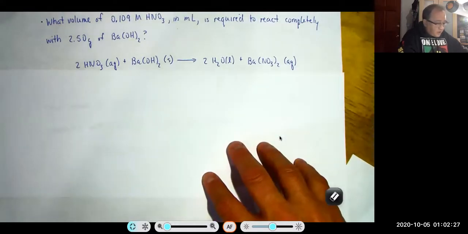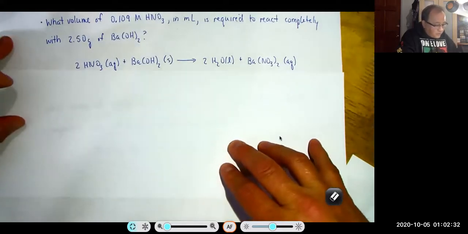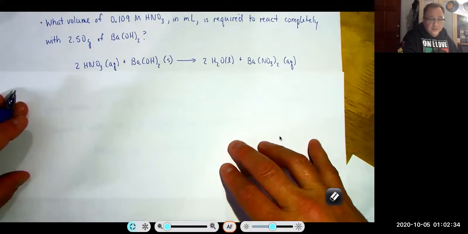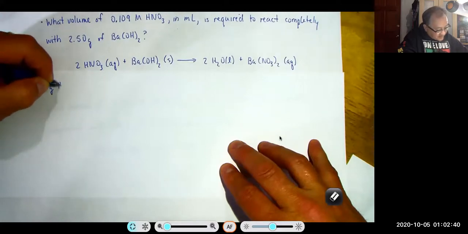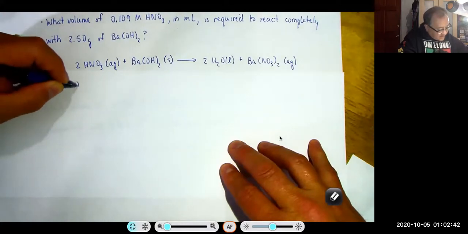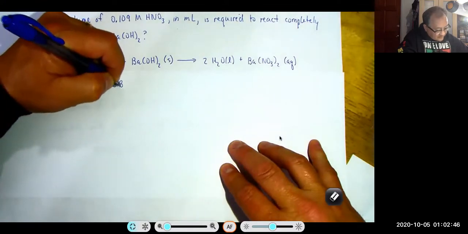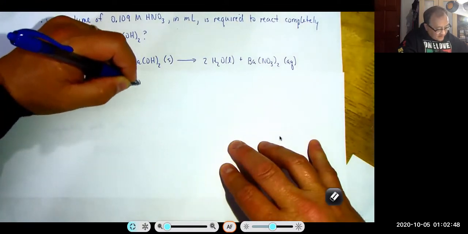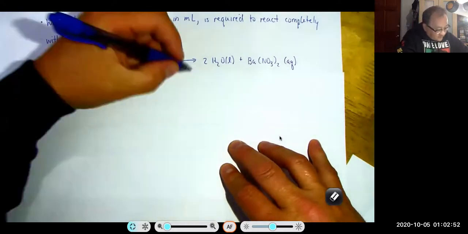So our goal is to get the volume of nitric acid, and we're going to start with 2.50 grams of barium hydroxide. So naturally, I'm going to start with my 2.50 grams of the barium hydroxide, and convert that into moles of barium hydroxide. And then that's going to be converted into moles of nitric acid.